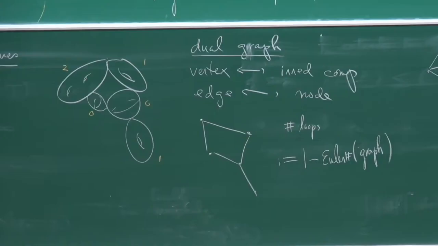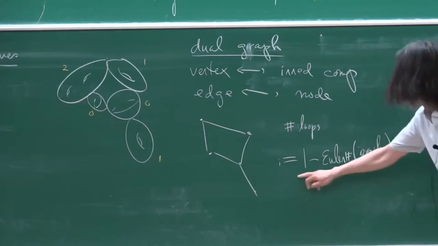But if your graph is like this, and here I have a loop, and here I have a loop, you may think that this one is also a loop, but we don't really count this and this and this to get 3. Look at the Euler number of this. The number of vertices is 4, and the number of edges is 5. So the Euler number is actually minus 1.